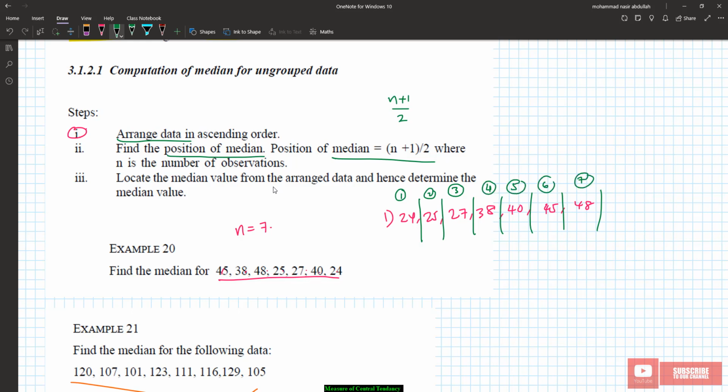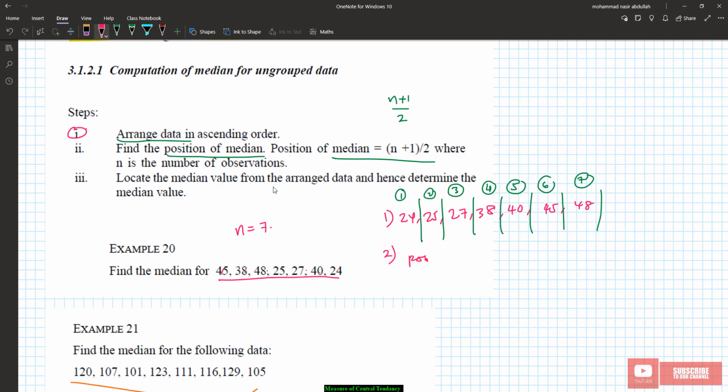This is the easiest way to calculate. If you are new to this and not yet a master of calculating median and mean, try to follow step by step. Don't jump and don't take shortcuts. Once you are an expert, then you can take shortcuts. It's okay.